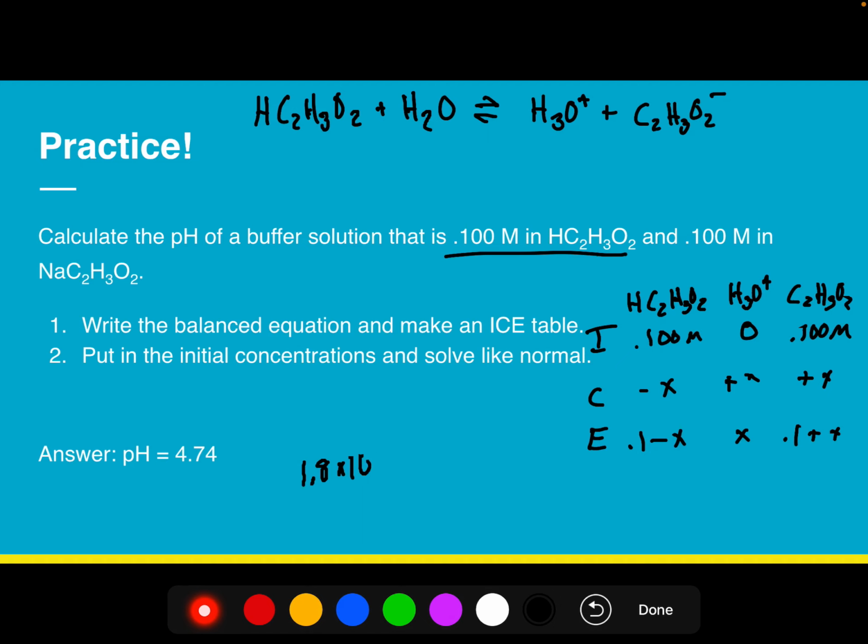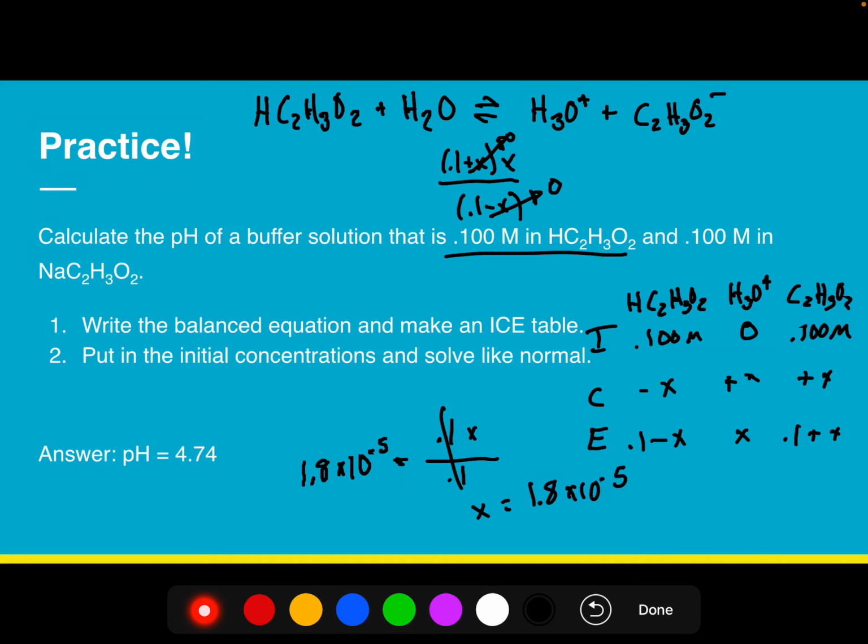So 1.8 times 10 to the negative fifth equals, well, we can use the x is small approximation because of how small the k value is. So what we actually end up with is 0.1 x on top and 0.1 on the bottom, because it would have been 0.1 plus x times x over 0.1 minus x, and then these both go to 0.1. Well, those cancel, and we end up with x being 1.8 times 10 to the negative fifth.